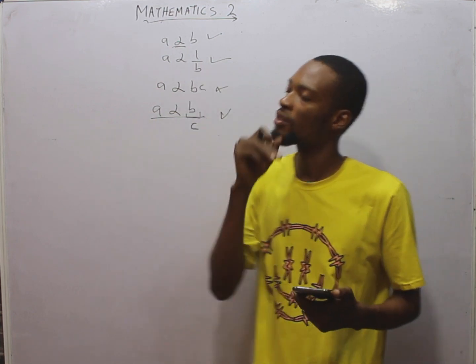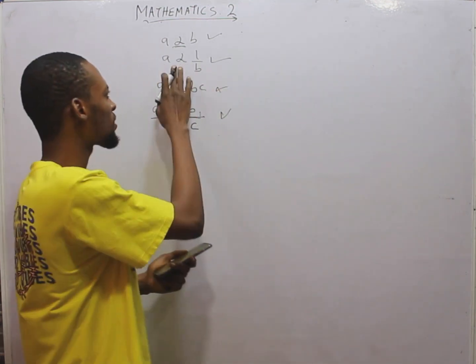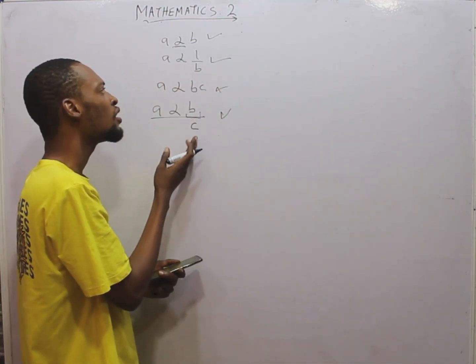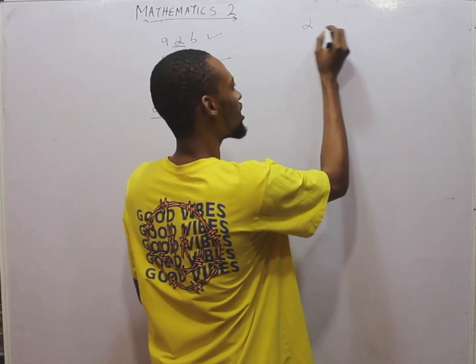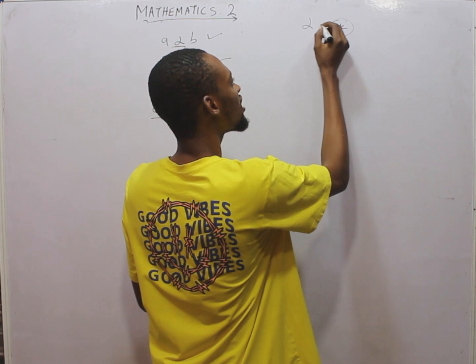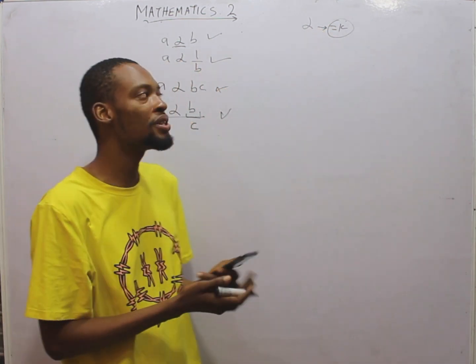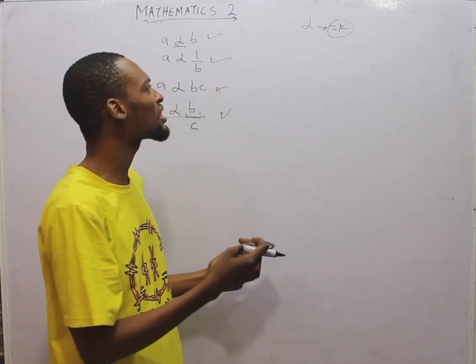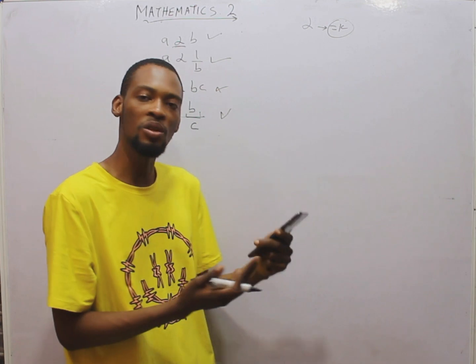Look at something. In mathematics, we don't solve with proportionality sign or variation sign. We convert them to equality sign. So to change this to equality sign, it is simply equals k. You introduce equality sign and there will be a constant. So your constant can be anything. You can call it k, a, b, whatever to show that it is constant.